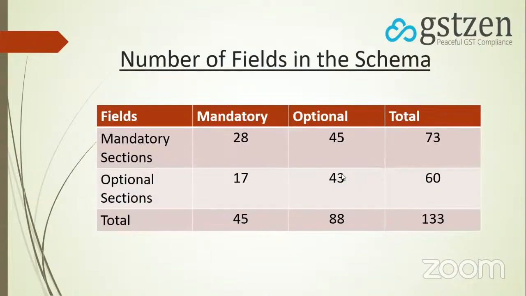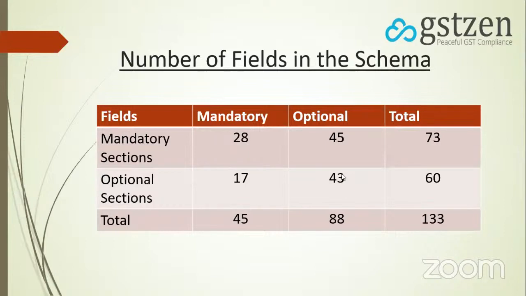Okay, so this shows the number of mandatory fields and optional fields. Under the mandatory section, you have 28 mandatory sections, and in that there are various fields. Within a mandatory section, you will also have mandatory fields and optional fields.